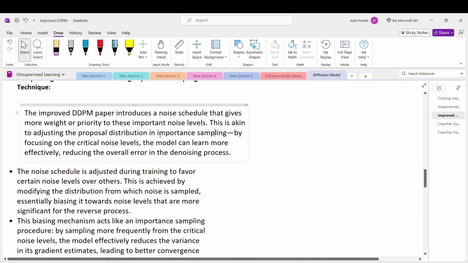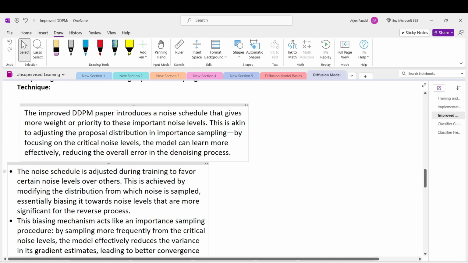By focusing on the more critical noise levels, the model can learn more efficiently, reducing the overall error in the denoising process.